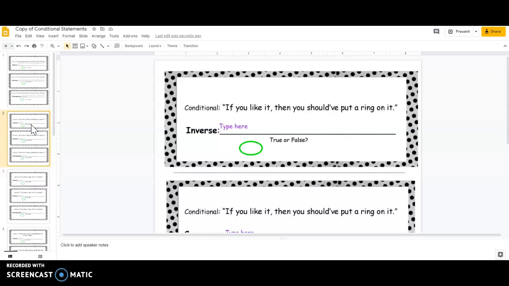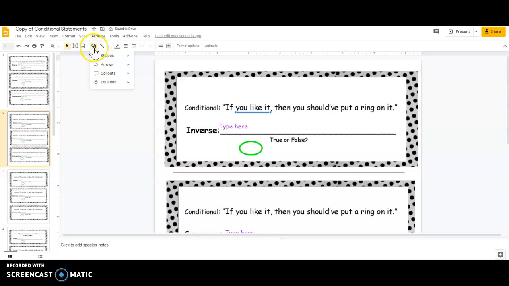Okay, so the next example, our conditional, if you like it, then you should have put a ring on it. That's straight from Beyonce. Okay, so again, I want to underline my hypothesis and circle my conclusion. So I'm going to grab my line tool. If stays where it's at. It's not a part of the hypothesis, so that means you like it is my hypothesis.